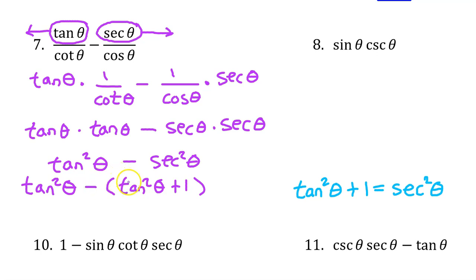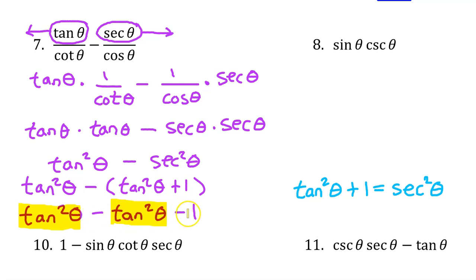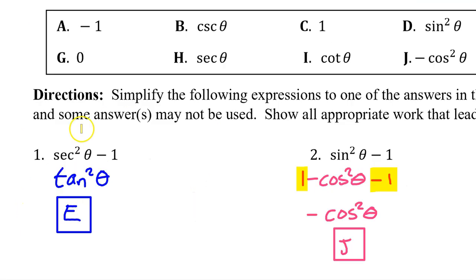Now we will distribute the minus sign, which gives us tangent squared theta minus tangent squared theta minus 1. Of course, tangent squared theta minus tangent squared theta cancels itself out, leaving behind just the negative 1. So the answer is A.